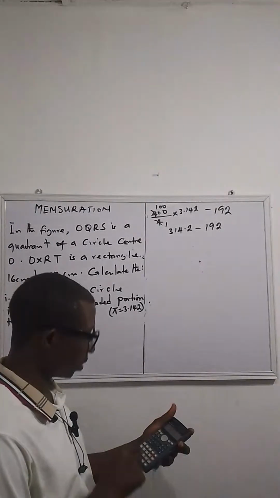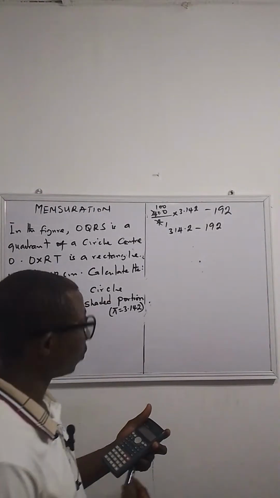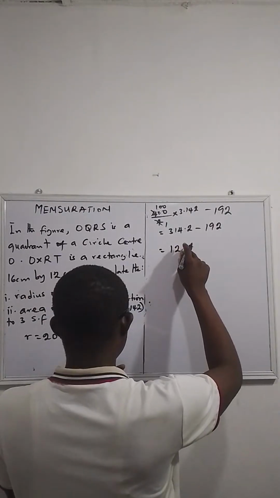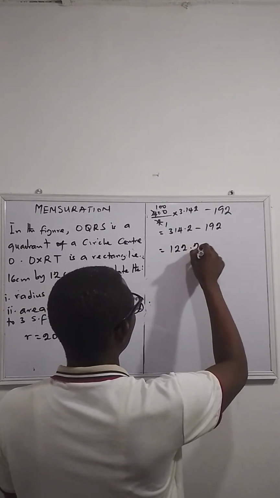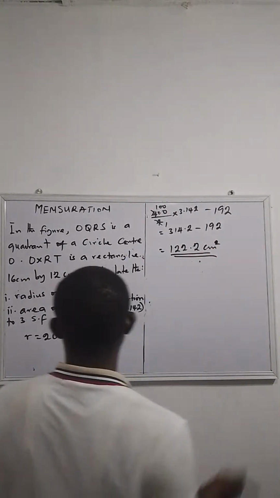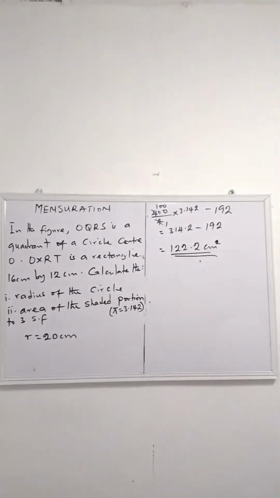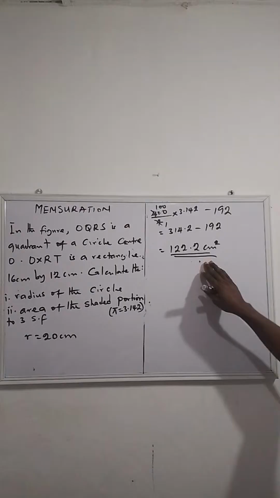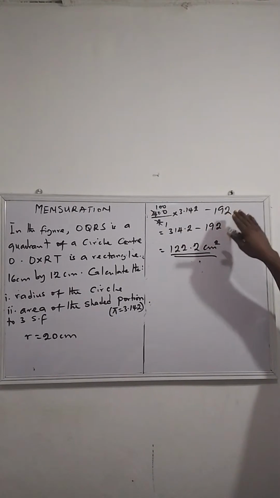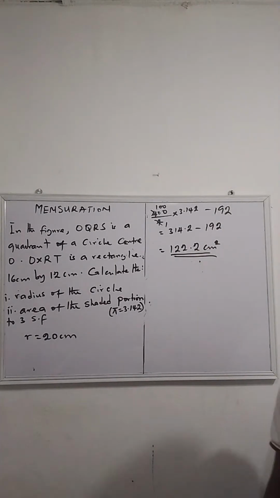314.2 minus 192. So what do we have? We have 122.2 centimeter square. So this is going to be the area of the shaded portion. The area of the sector minus the area of the rectangle gives us the area of the shaded portion.